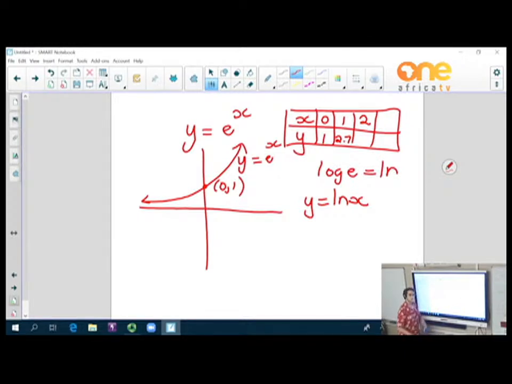So it's just another word for the same thing. So this log graph will now look like this. Asymptotes, it will cut here at 1, 0. And remember there is always a line of reflection right in the middle. So this is then the basic graph of exponential graphs of e and ln.